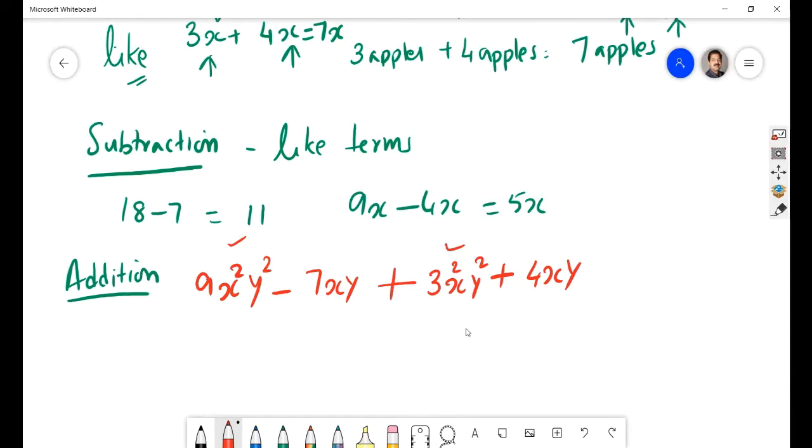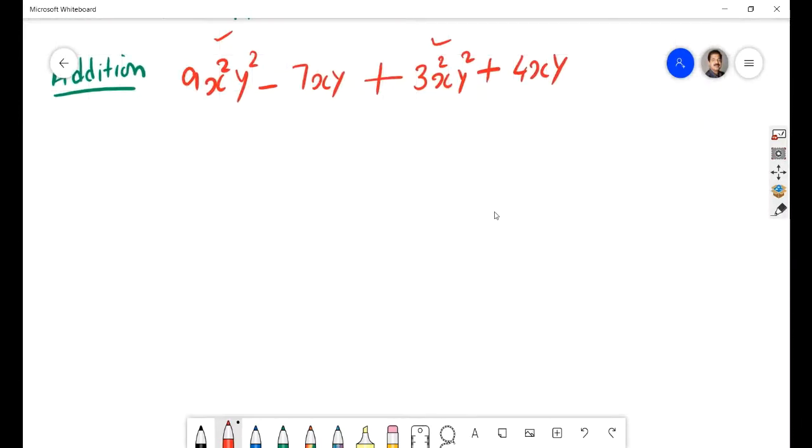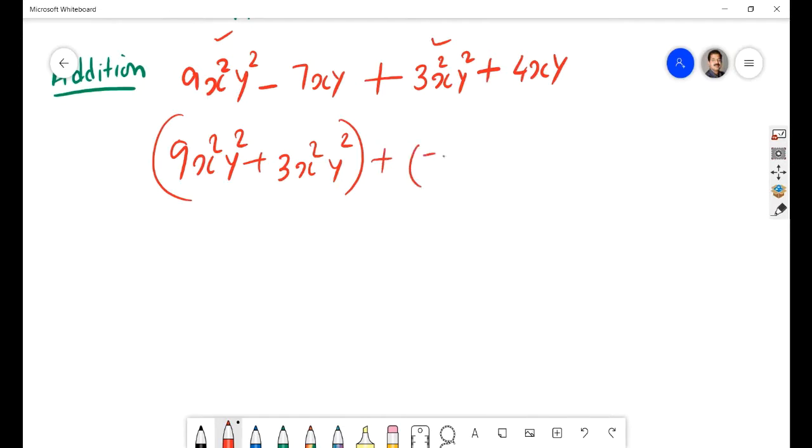One is simply the horizontal arrangement, the way I just told you. So I will rearrange it. I will bring this over here like 9x square y square, then I will go for the like term here, plus 3x square y square. Then this is one particular set, plus minus 7xy plus 4xy.